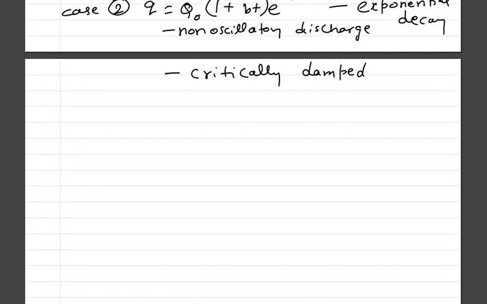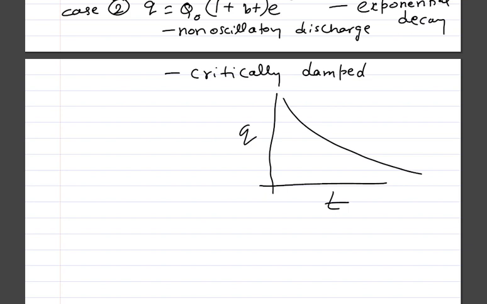What they look like, you can see in the graph on page 172. We just plot q as a function of t. The first one is decreasing exponentially, the second one decreases a bit faster. So case 1, case 2, this is case 2, critically damped, or quickly damped.